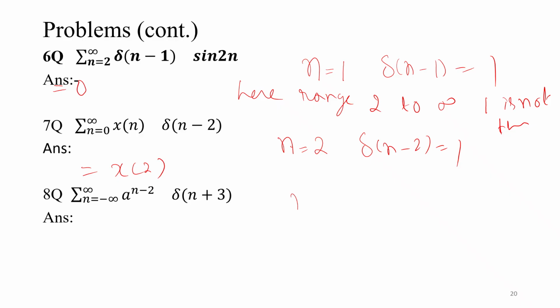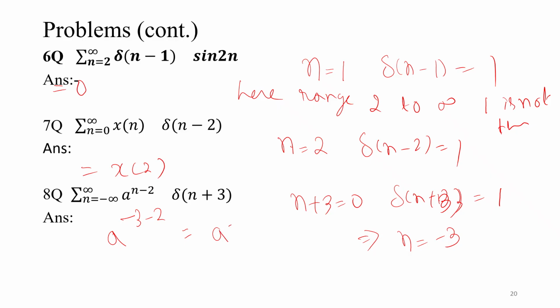When n plus 3 is equal to 0, del of n plus 3 is equal to 1, which implies n equal to minus 3. When n equal to minus 3, the range goes to minus infinity, so it exists. So here we put n as minus 3, minus 3 minus 2, so a to the minus 5.